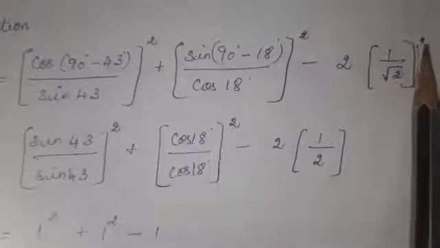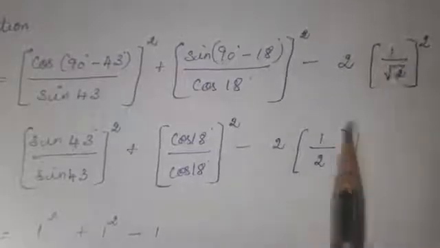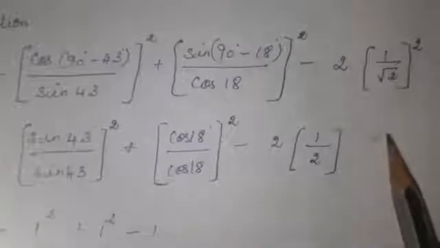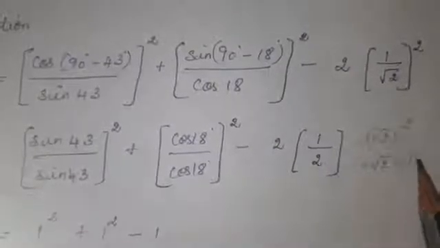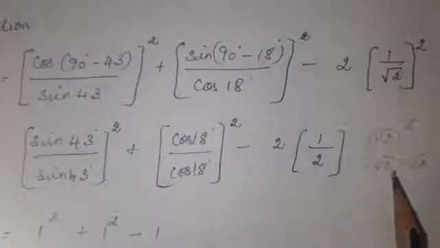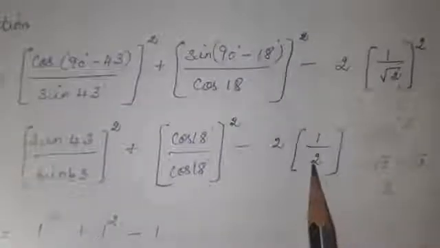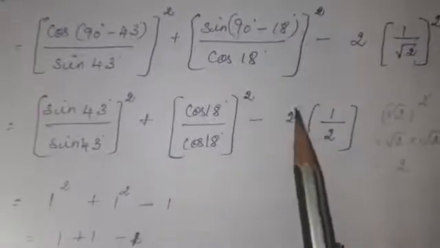You square this: 1 squared is 1 into 1, which is 1, and root 2 the whole squared is root 2 into root 2. I have explained many times that the answer is 2. So the 2 gets cancelled.